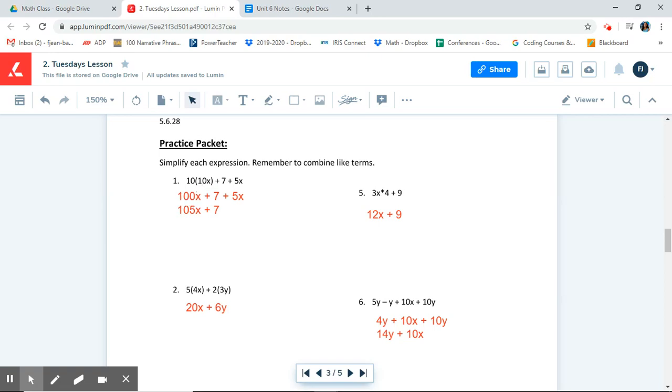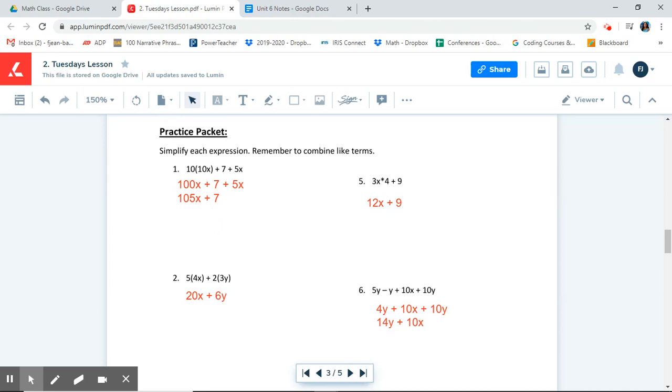I'm going to rewrite the simplified problem so that we can keep our work organized. So I now have 100x plus 7 plus 5x. Can we add any of the like terms here? Yes, 100x plus 5x. And we get 105x plus 7.